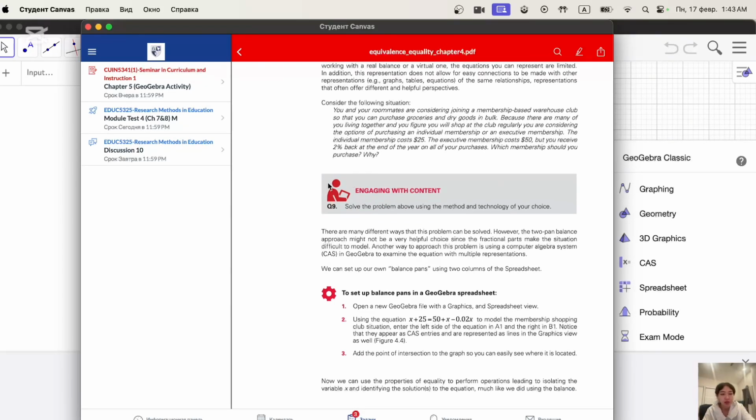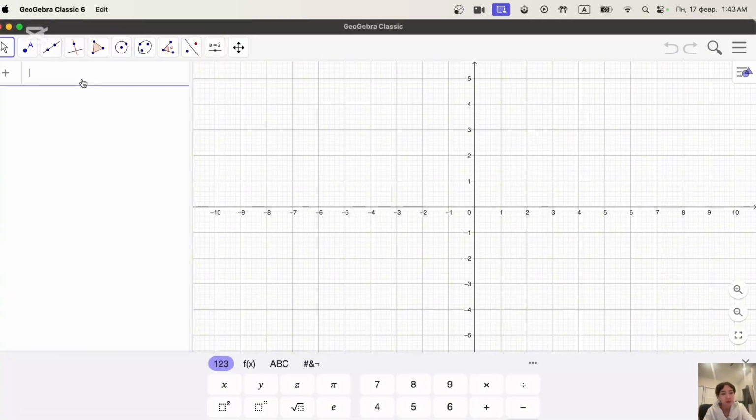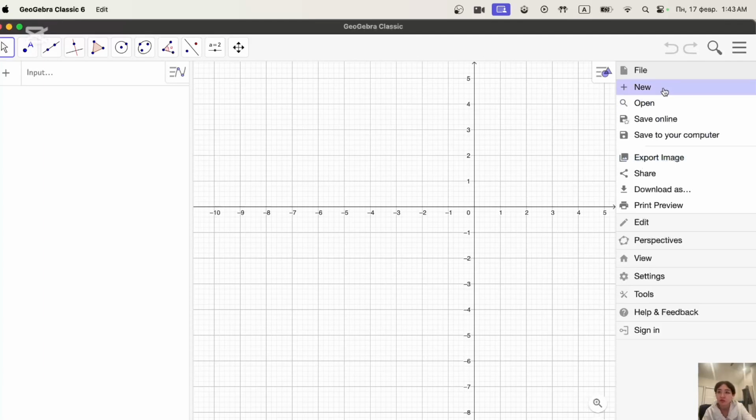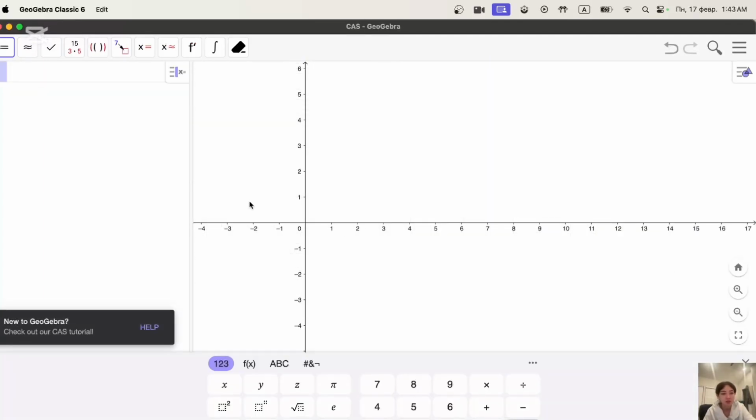Let's set up the equation. Let x represent the amount spent annually at the Warehouse Club. The total cost equation for each membership. So let's make the equation right here. Let's open CAS.